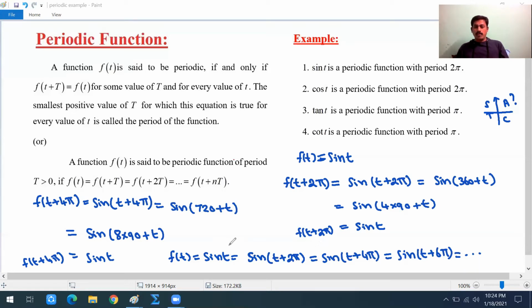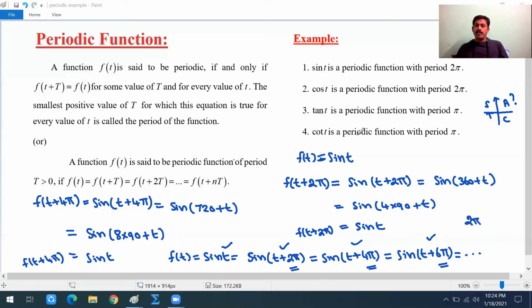So this is your f of t, this is your t plus T, this is your t plus 2T, this is your t plus 3T, etc. So among these T, which one is the smallest value, that is called our period. So here 2 pi is the smallest value among these. So therefore your period is 2 pi for this sine t.